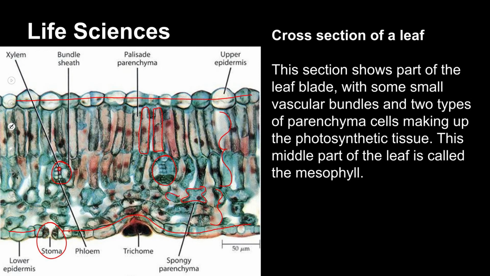They're rounded, and there's lots of air spaces between them. But because these cells all have chloroplasts in them, they form what we call the mesophyll, the bits filling the leaf, and they're all different types of parenchyma cells, and because their function is photosynthesis, they are going to have lots and lots of chloroplasts inside them.